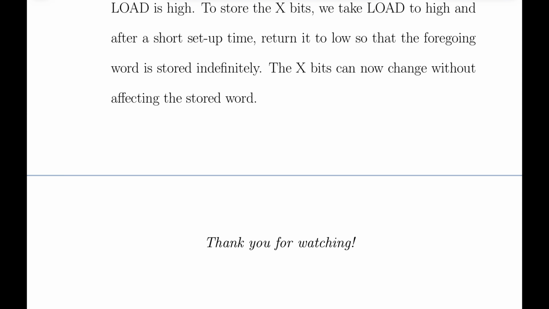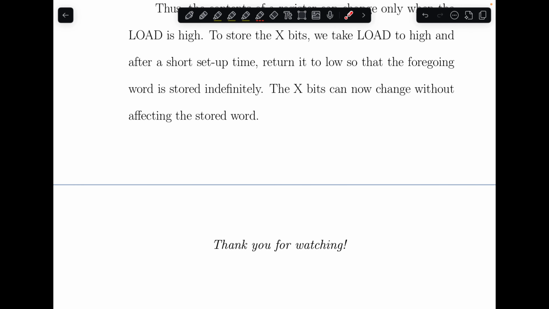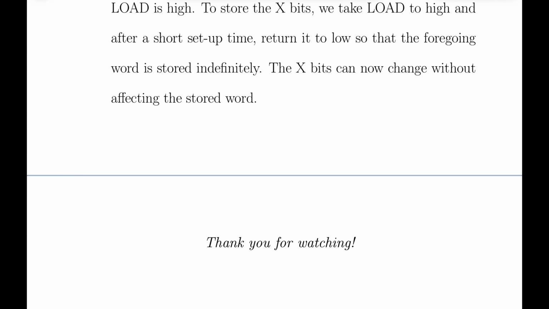When the load is low, even though the positive edge of the clock pulse hits the flip flops, the output will not change. So to change the output of the flip flops, the load must be made high. This is necessary. This is at our will. When we want to change the output, we make load high. When we don't want to change it, we make load low. Okay? This facility is not in the buffer register. Clear?